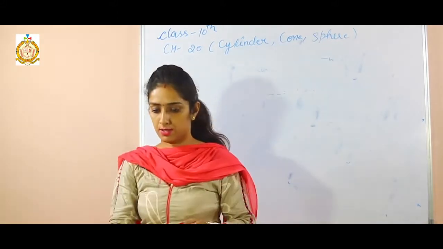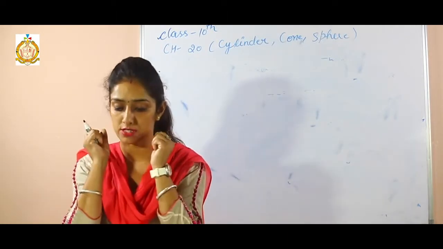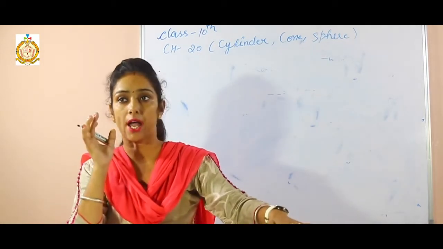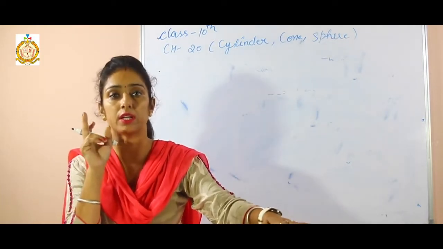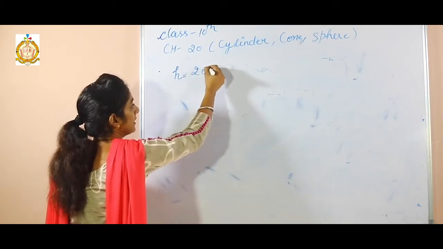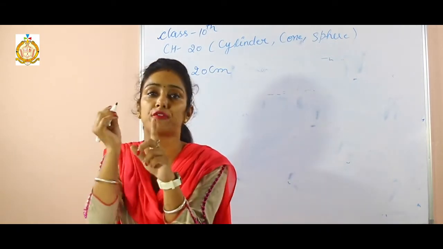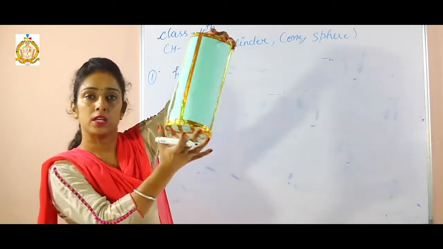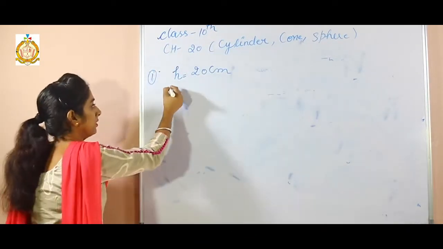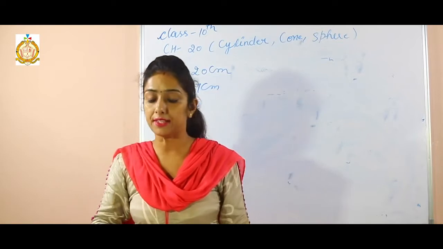Now students, come to the first exercise. Its first question: the height of a circular cylinder is 20 centimeter. So what is given here? h is given, that is 20 centimeter, right? And the radius of its base, base is circular, and its radius is 7 centimeter. Find the volume.